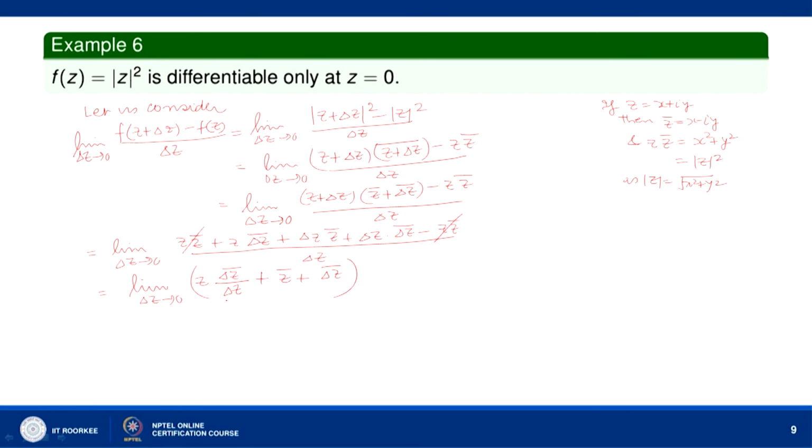Okay. Now, here we can see that we have already seen that the limit of delta z conjugate divided by delta z when delta z goes to 0 does not exist.